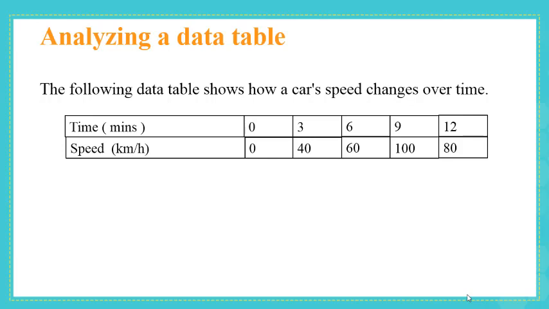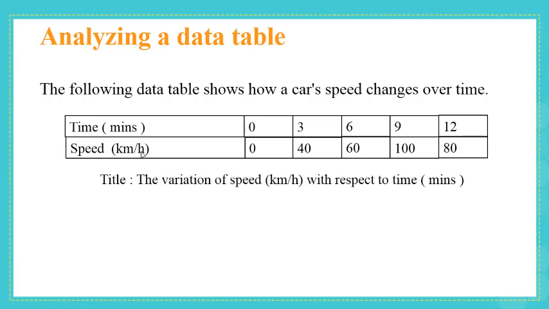In this table, the manipulated variable is time, and the unit of time is minute. The responding variable is speed, and the unit of speed is kilometer per hour. So the title of this table is: the variation of speed in kilometer per hour with respect to time in minutes.